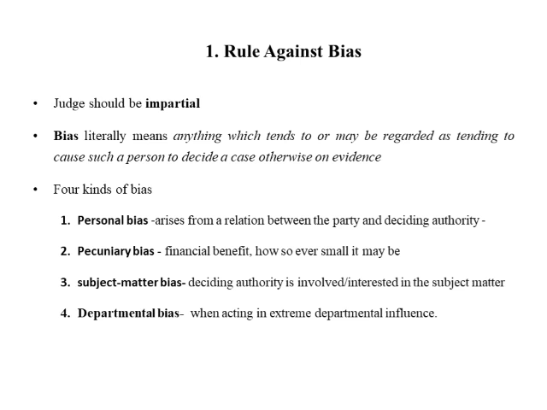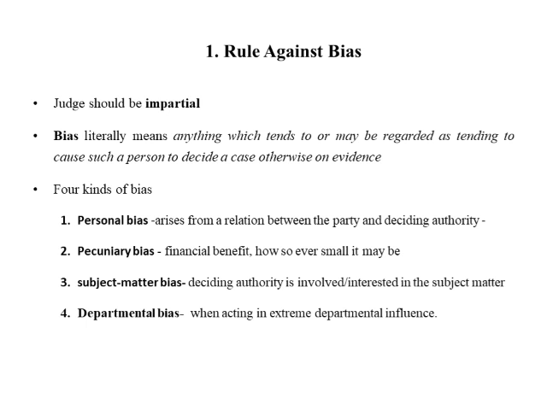Rule against bias also means that no one can be a judge in his own case. So, when there is a dispute between two parties, the judge or deciding authority shall be an impartial third party.